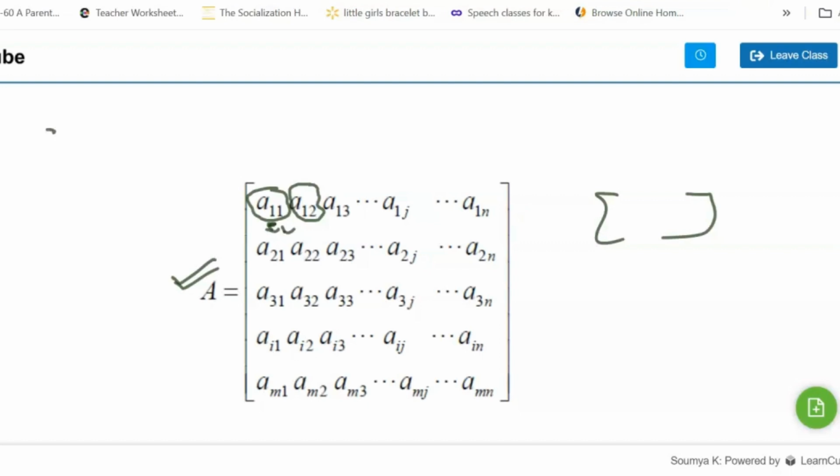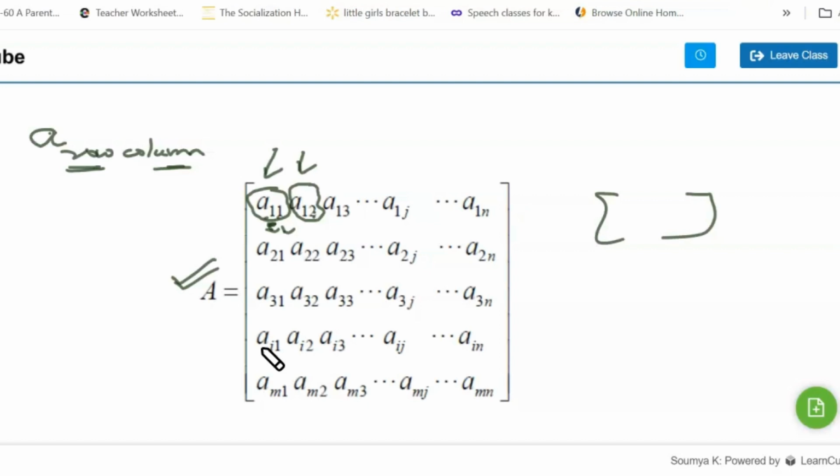The element is arranged in this manner: A, then the row number, and then the column number. Whatever your row number and whatever your column number is, that will be specified. If it shows 1 1, it means first row, first column. If it shows 1 2, the row is 1 and the column is the second. See, this is the first column, the second column. So it is the second column, first row element. That is how you get the elements.